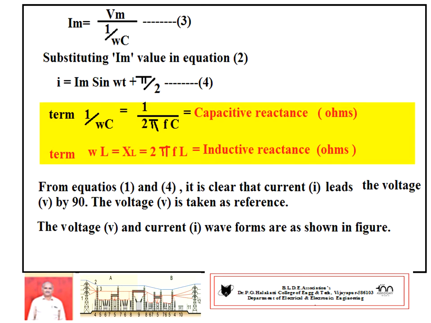In electrical analysis, AC circuit analysis, voltage is always taken as reference. Now you observe the current equation. It is represented by Im sin omega t plus pi by 2. So plus means leads, hence the current leads the voltage by 90 degrees. These waveforms are as shown in the figure.